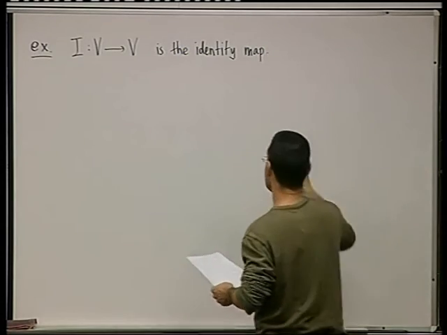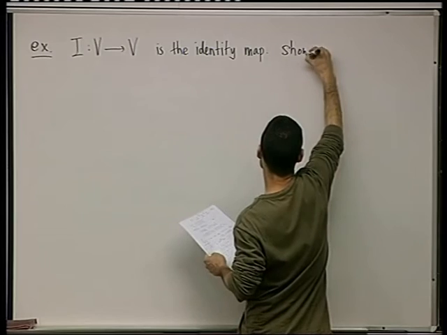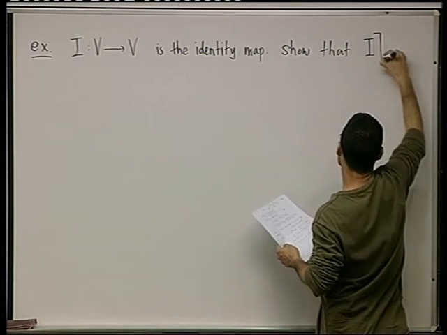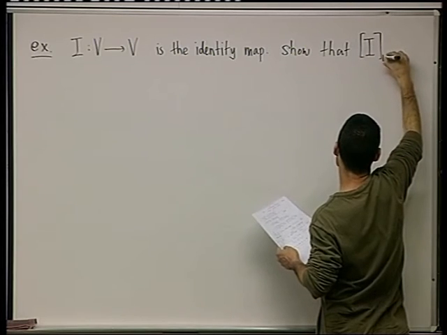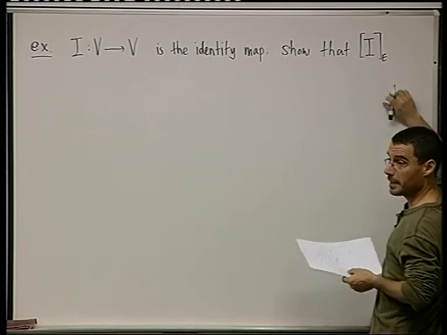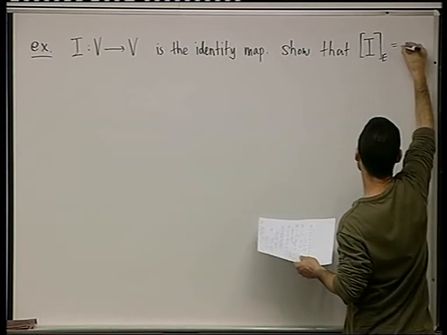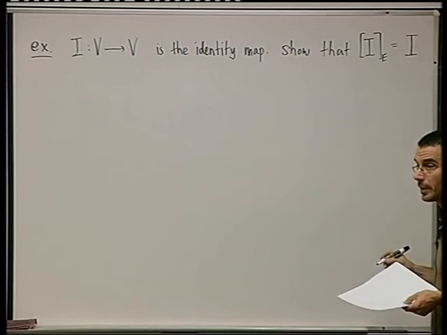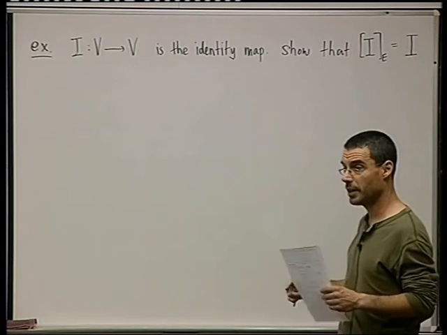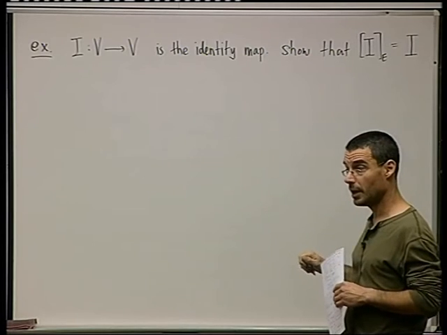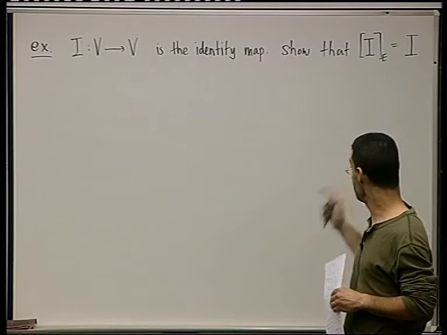Show that its representing matrix with respect to some basis, maybe the standard basis E, is just the matrix I, with ones along the diagonal and zeros off diagonal. Show this.